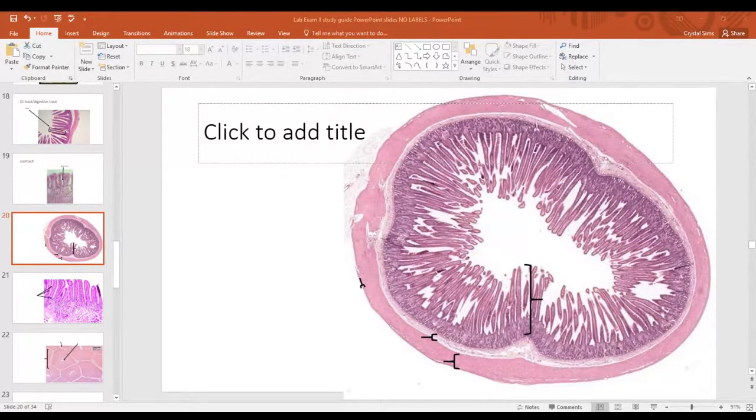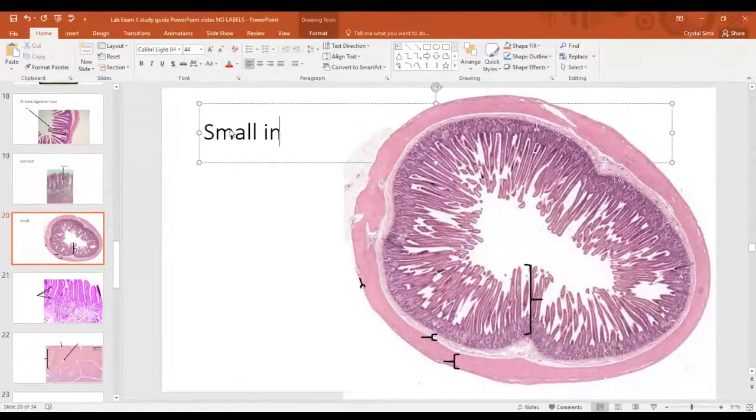This could probably be the small intestine, but it's really anywhere within the GI tract or the digestive tract. And remember, villus is the singular for villi. Those are those finger-like folds that we see in the lining. So this would be the digestive tract, and we're looking here at a villus.